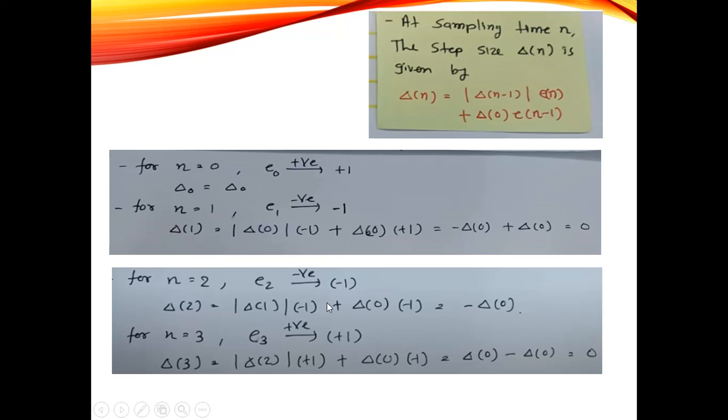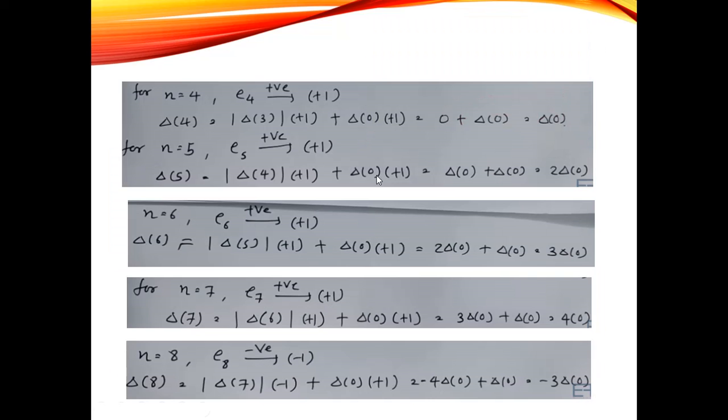By continuing this up to the 8th sample, n is equal to 8, e of 8 indicates that the input signal is less than the sample. Therefore, the step size is negative, minus delta. Therefore, delta 8 is the modulus of delta of 7 times e of 8 plus delta of 0 times e of 7, which gives minus 3 delta 0.